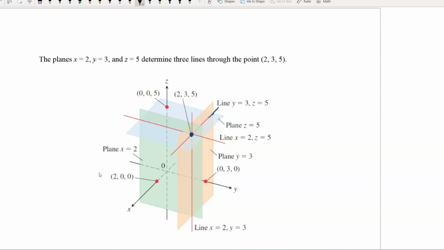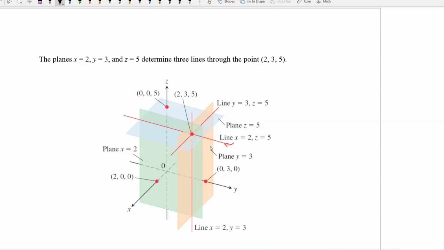And this plane, this one in blue, is for z equal to 5. And this is what we have for z. In this case, x is 0 and y is 0. And this line here is for x equal to 2 and z equal to 5.